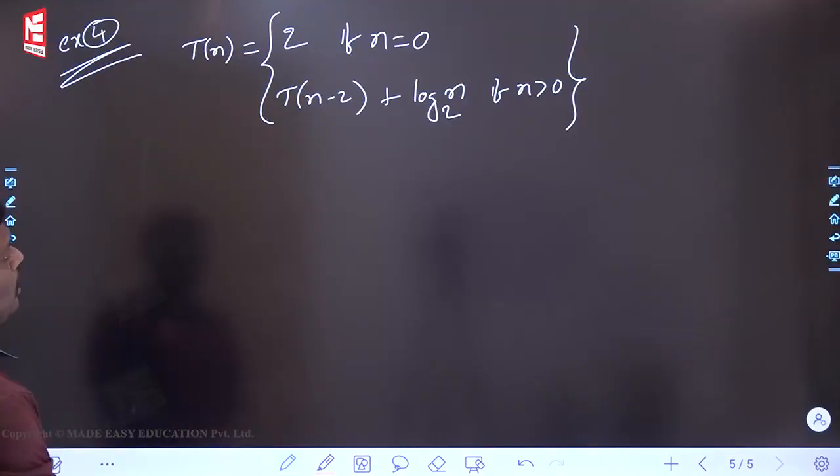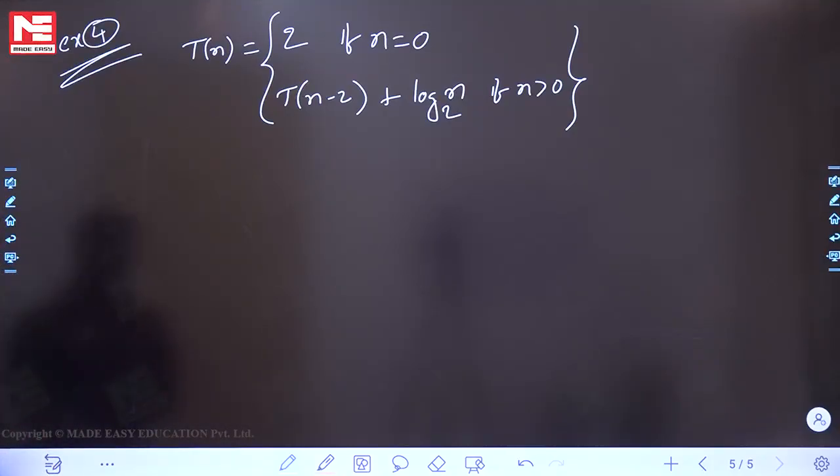Tn is equal to Tn minus 2 plus log n base 2 if n is greater than 0. It is a given problem. How to solve this problem, we'll see now.